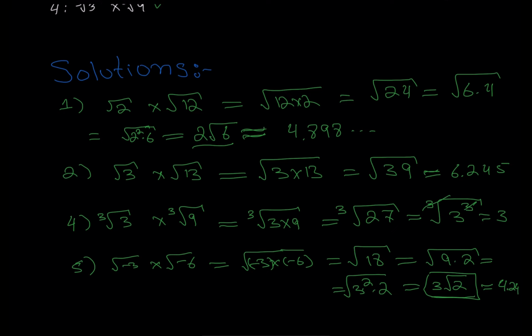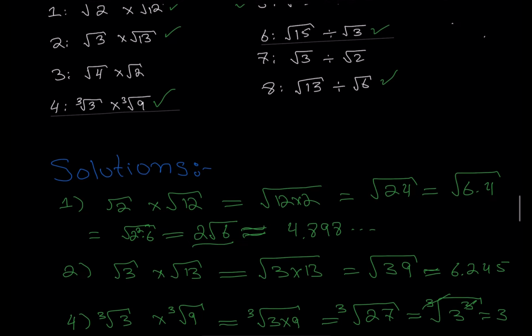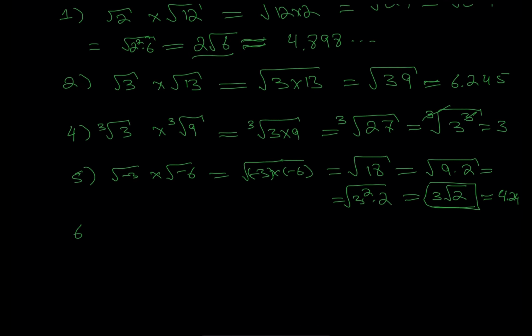Okay. Moving on to the division of the square roots, or the roots. Question number 6 is the square root of 15 divided by the square root of 3. We can use the law, the rule that we just talked about.